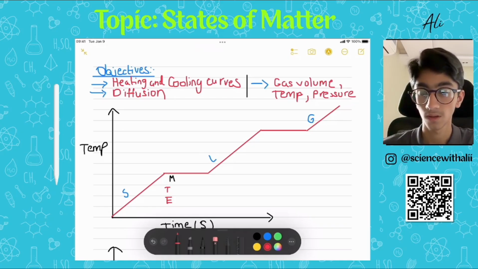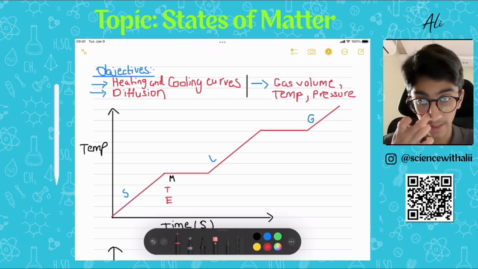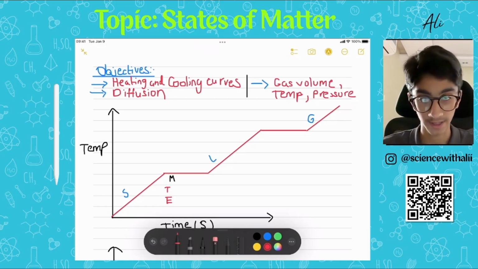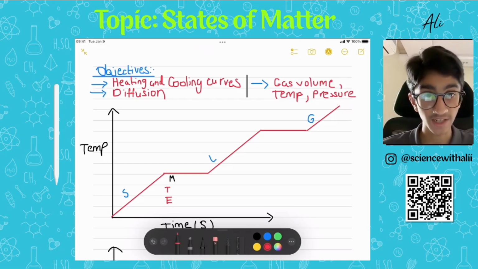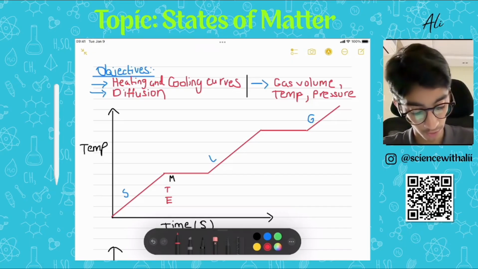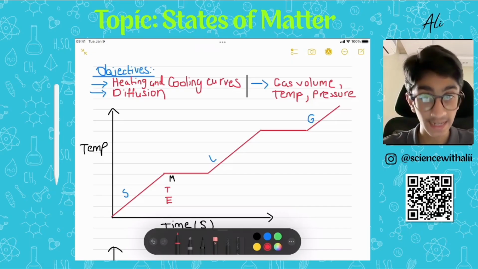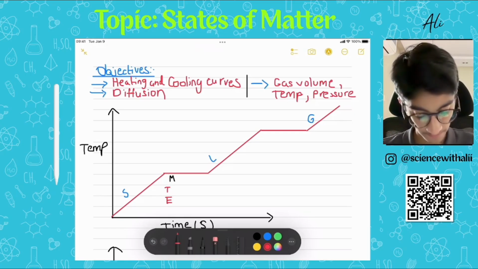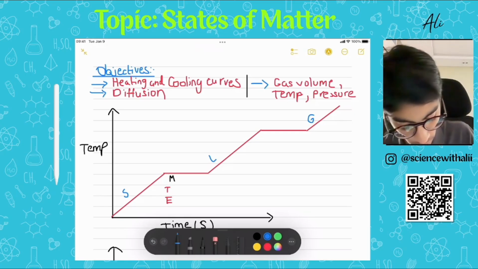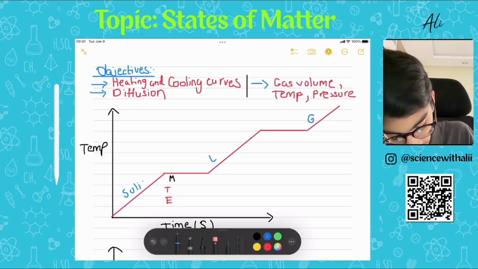Okay. So heating and cooling curves help us illustrate how temperature changes impact changes in the state of matter. A heating curve shows how the temperature of a substance changes as it's heated over time. Now at the start, the substance is solid, right? Over here the substance is solid.